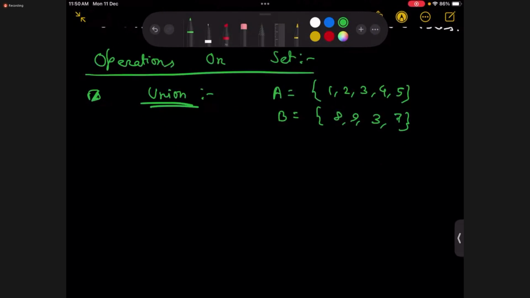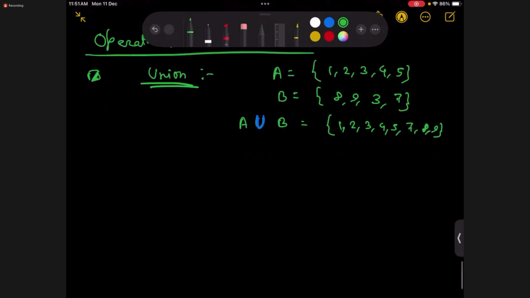We define this as A union B. This notation stands for union. A union B is nothing but the set 1, 2, 3, 4, 5, 7, 8, 9.